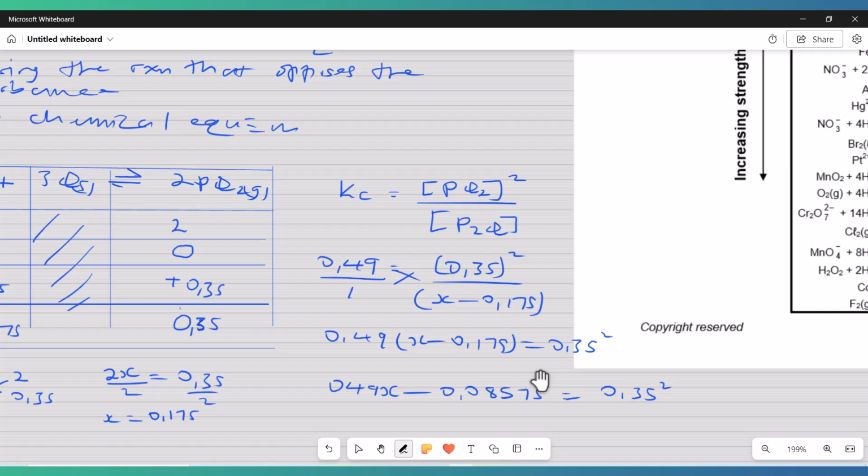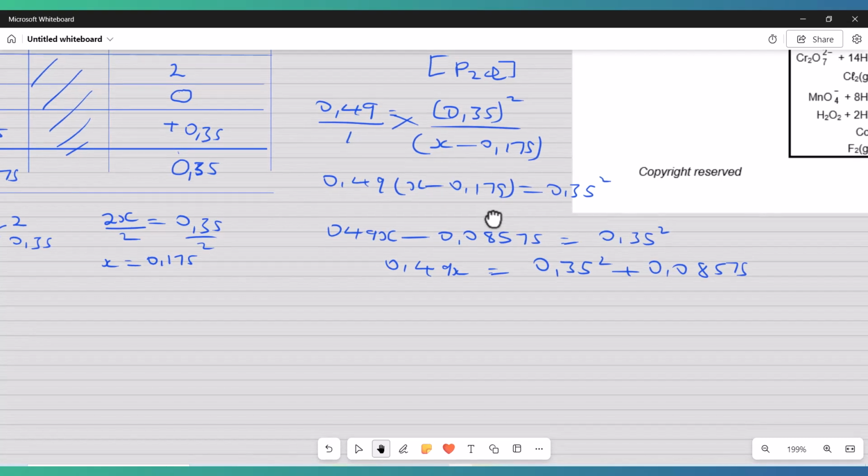Now this minus becomes a positive, so I have here 0.49x, okay, equals to 0.35 squared, then plus 0.08575. Okay, so what is my x finally going to be? So if I check here, x equals to, calculator me out.